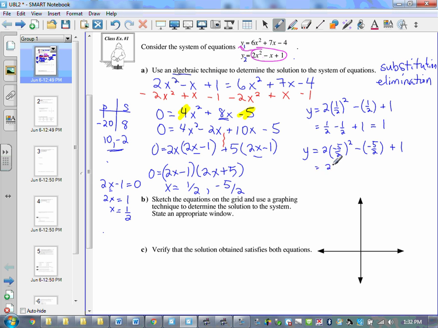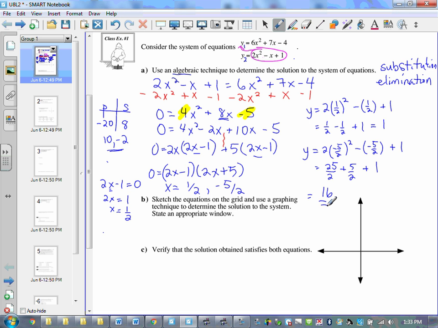So it'll be 25 over 2 plus 5 halves plus 1, which we could call our 1, 2 over 2. So it would be 32 over 2, which is 16. Nice. So also a nice number.